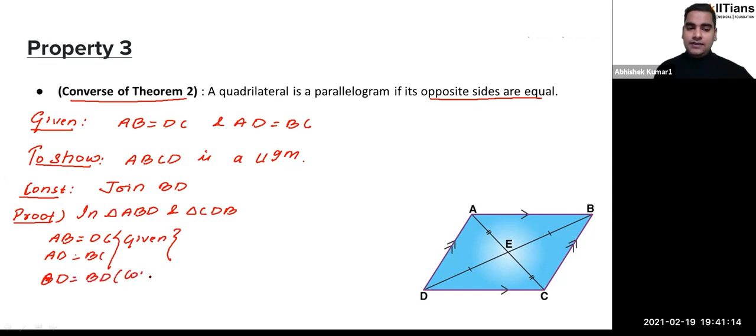So it can be said that these two triangles are congruent to each other. Triangle ABD is congruent to triangle CDB by SSS rule.